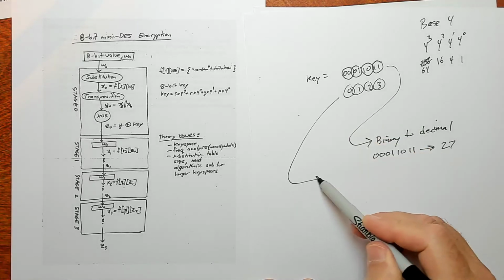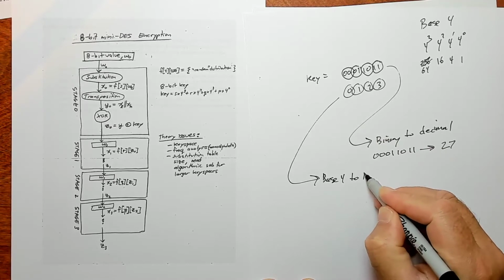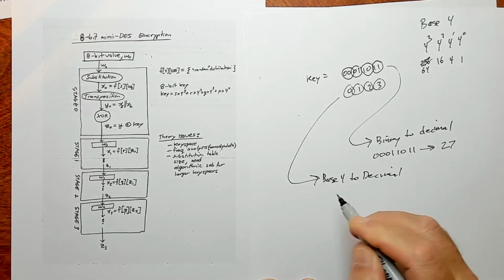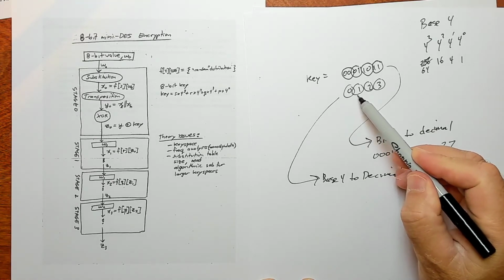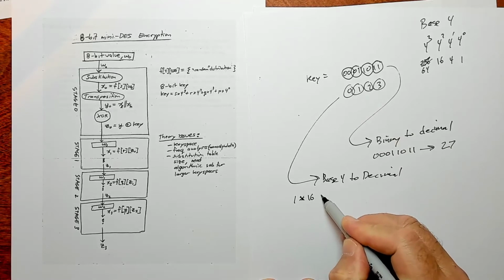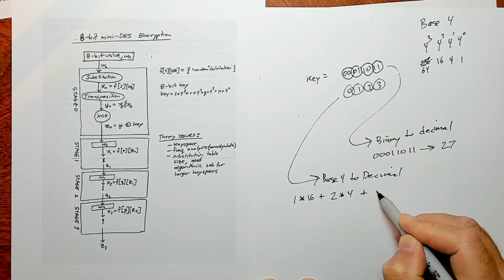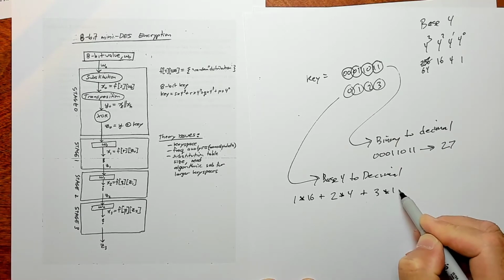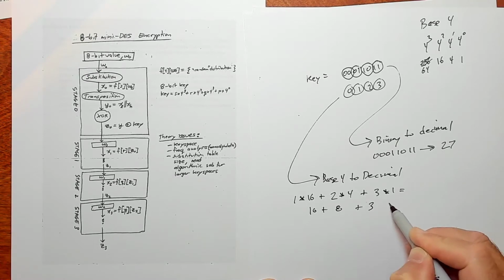But you could also go base 4 to decimal, so this is the 64s, the 16s, the 4s, and the 1s. So there's 1 16 plus 2 4s plus 3 1s, which is 16 plus 8 plus 3, which is 27.